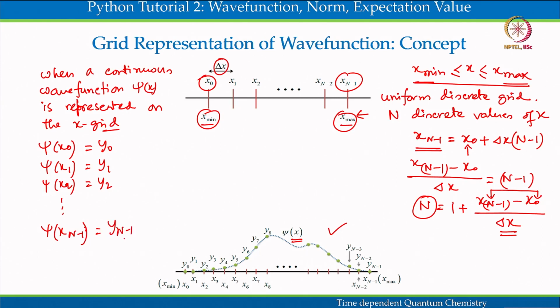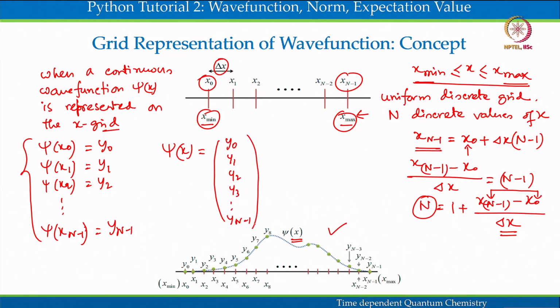So these are the values we get, and in linear algebra one can represent this entire set of values as a column matrix. So psi(x) would be represented in the matrix form as y0, y1, y2, y3, up to yn minus 1.